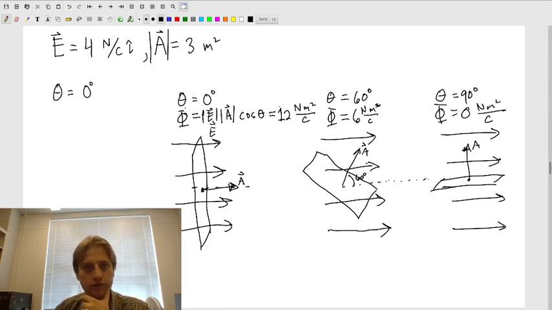Why is it 0? Because cosine of 90 is 0. And why physically is it 0? Because the electric field lines are not piercing the surface anymore.